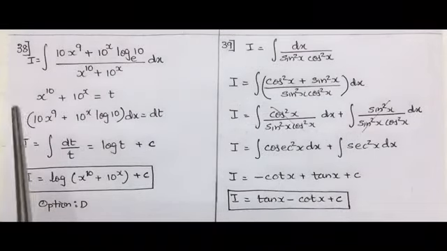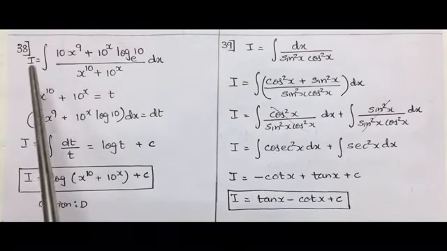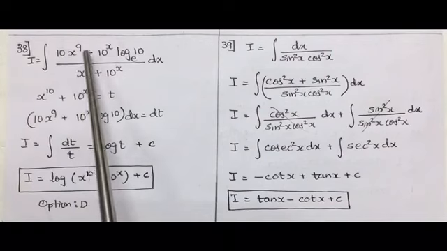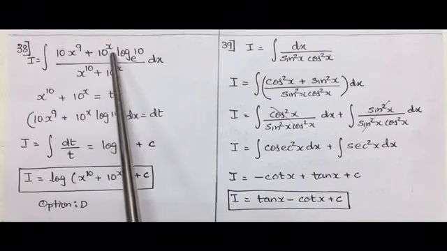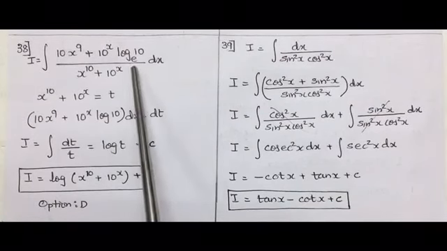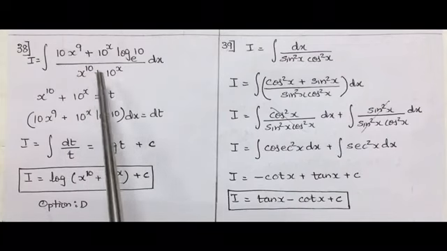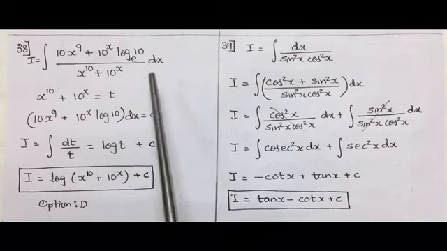38th one is an important example. I is equal to integration (10x raised to 9 plus 10 raised to x log of 10 to the base e) divided by (x raised to 10 plus 10 raised to x) dx.